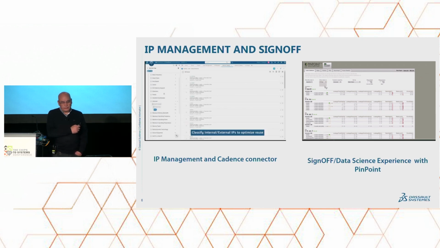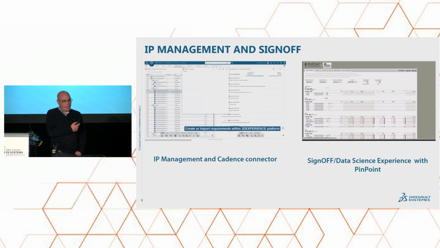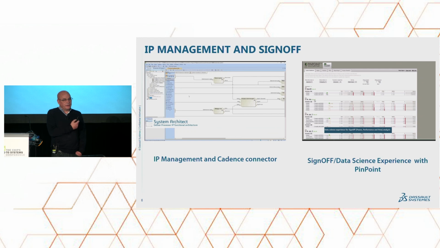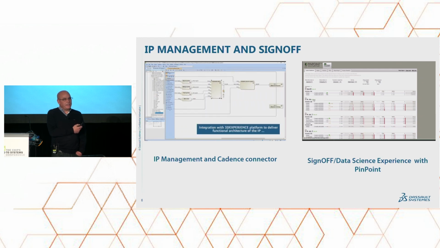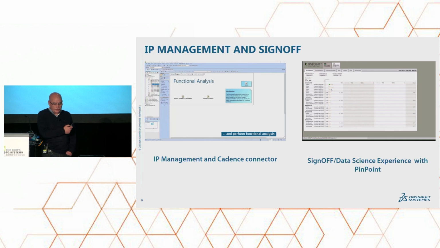What you see on the left side is an example of the way we manage IP management inside the platform. First we start by cataloging the IPs, making them available for reuse.